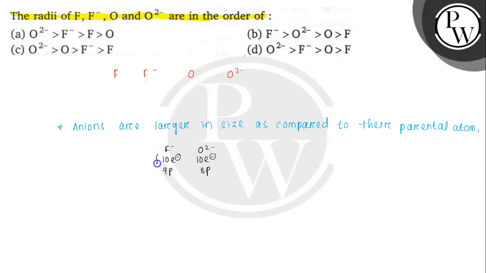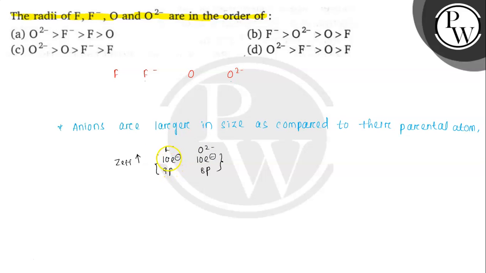So obviously here 9 protons, 10 electrons, that means effective nuclear charge, or we can say Z effective, is more as compared to O2 minus, because here only 8 protons. They are isoelectronic, but the nuclear charge of F minus is more as compared to O2 minus. Nuclear charge is more in case of F minus.